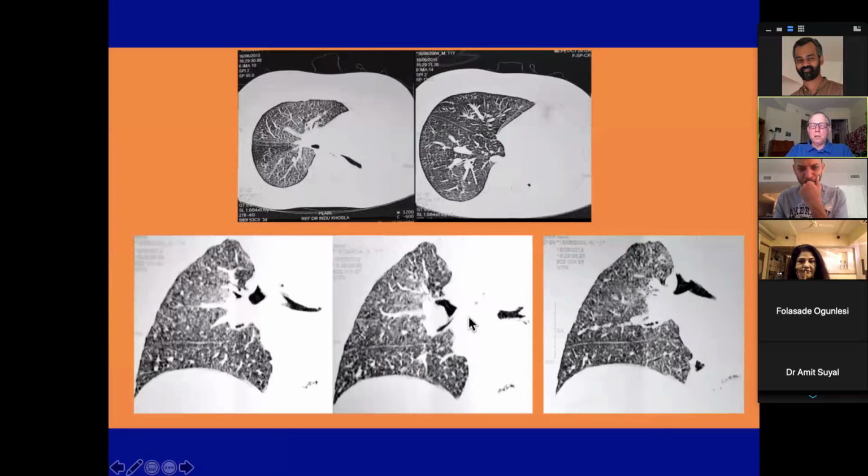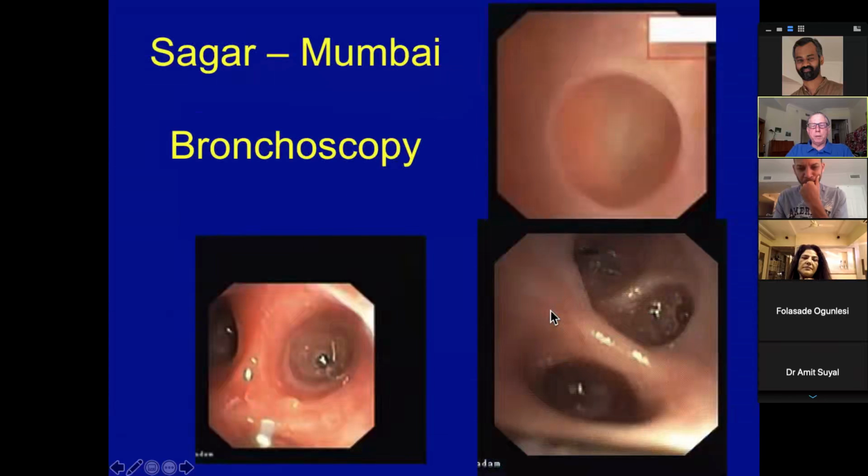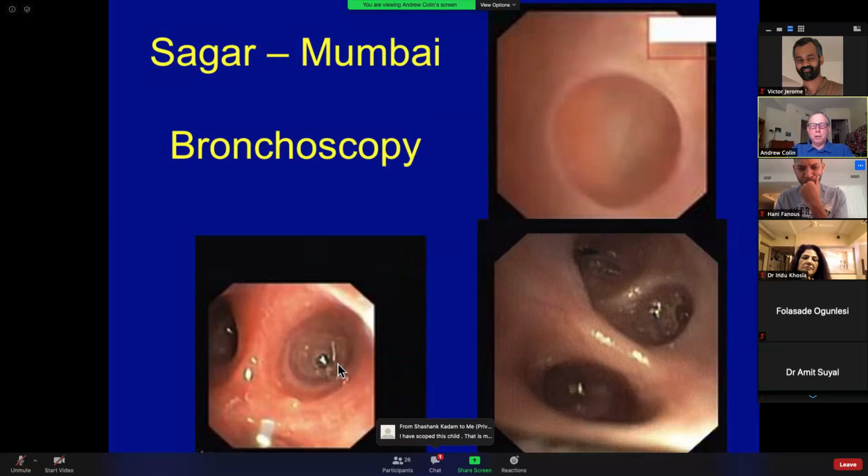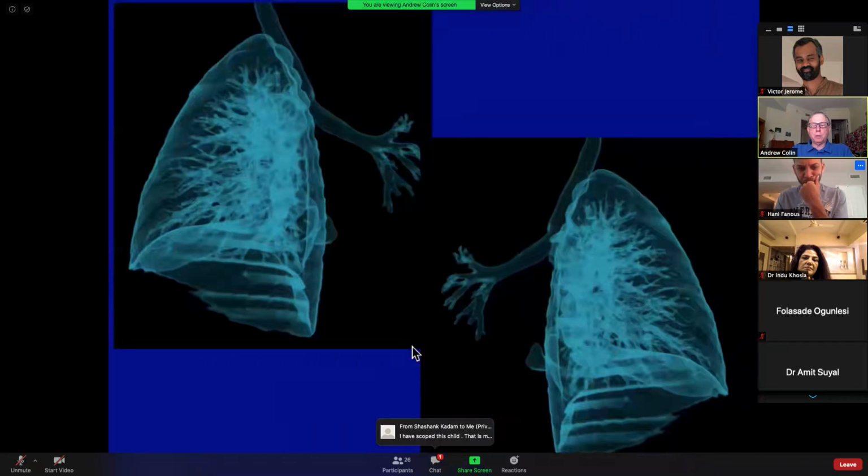You see zero aeration, complete obliteration of the bronchi on the left, significant abnormalities on the right, but nothing that would suggest bronchial serous involvement. Here is the bronchoscopy, and that was quite dramatic because it shows on the left side a complete obliteration, probably complete obliteration, maybe partial obliteration on the bronchoscopy.